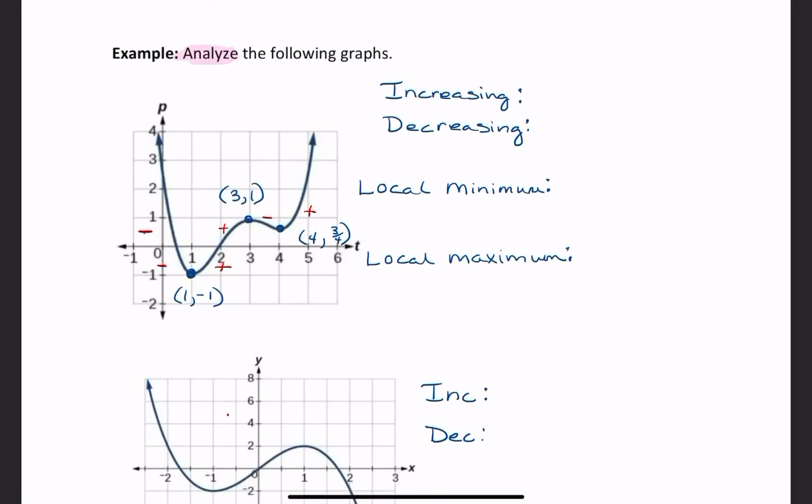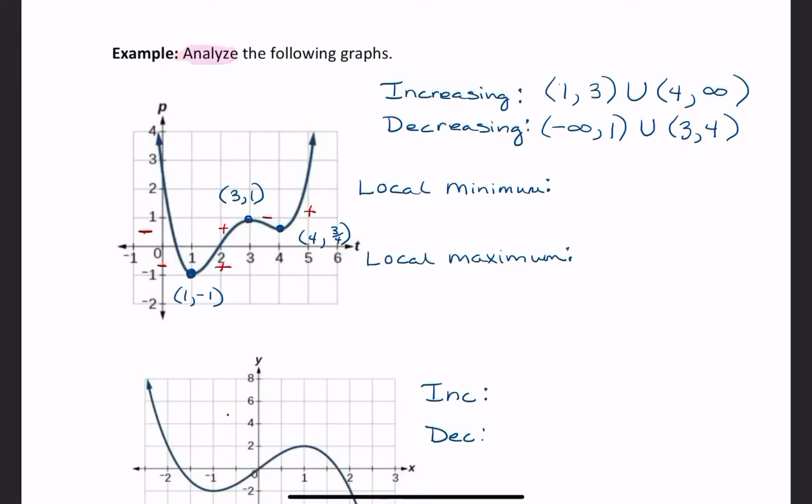So we're going to be increasing on the interval from 1 to 3, and then again from 4 to infinity. We're decreasing from negative infinity to 1, and then again just a little bit from 3 to 4. So that's where we're increasing, decreasing.